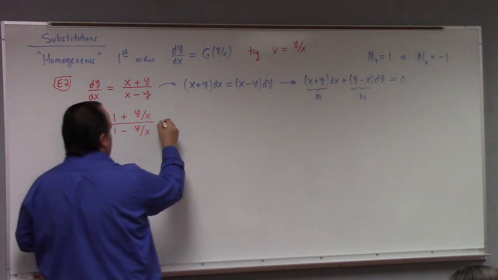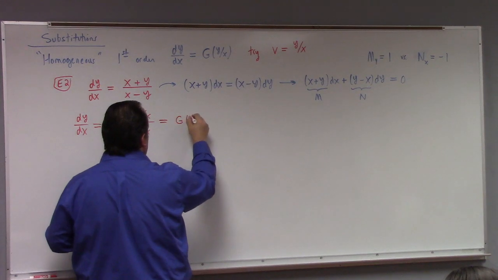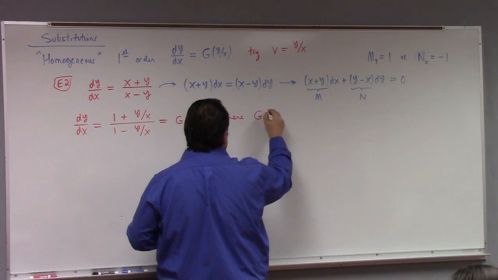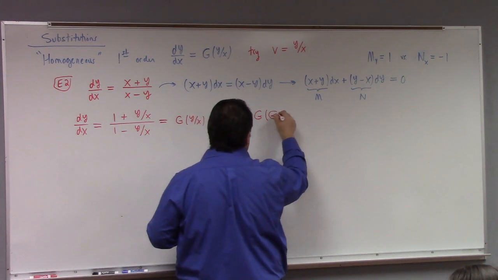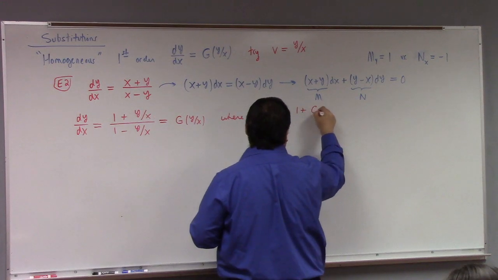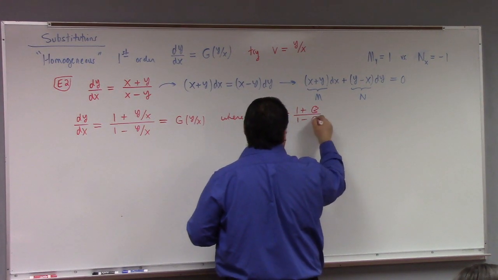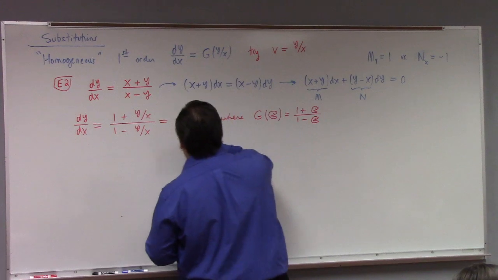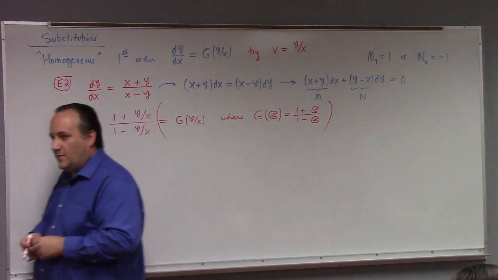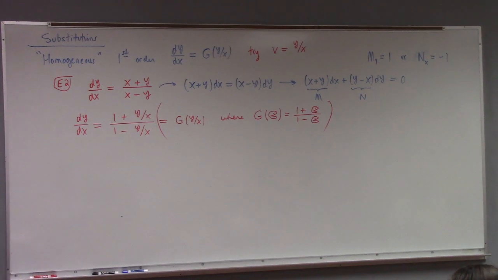You could write this as g of y over x, where g of Pac-Man is equal to 1 plus the Pac-Man divided by 1 minus the Pac-Man. This is just a comment. I want to point out that it now has the form. That's what I meant, right?